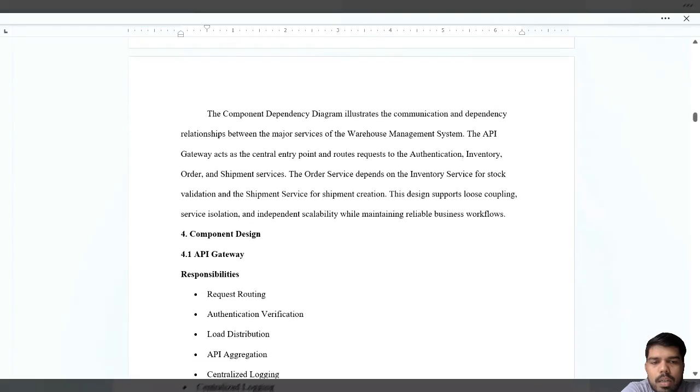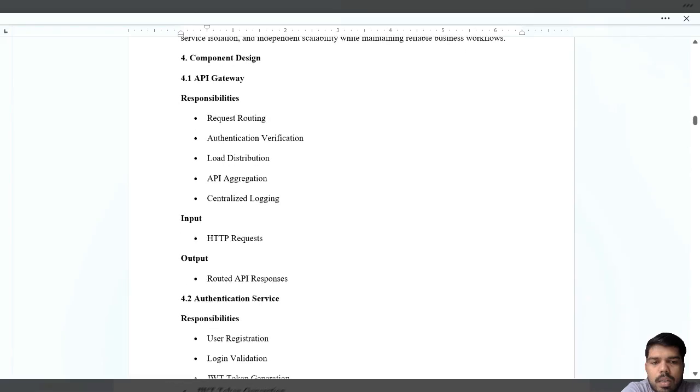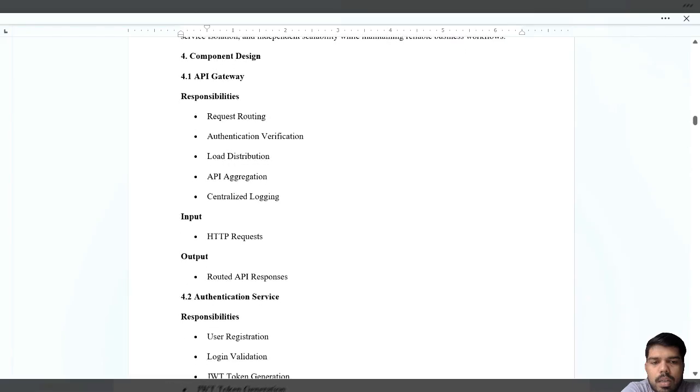Going to the next, I have just explained the same thing over here. Coming to the component design, the first part is the API gateway. The API gateway is one of the most important components in the architecture.